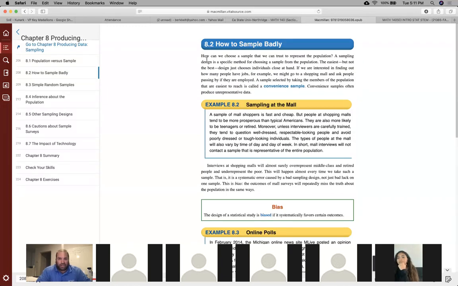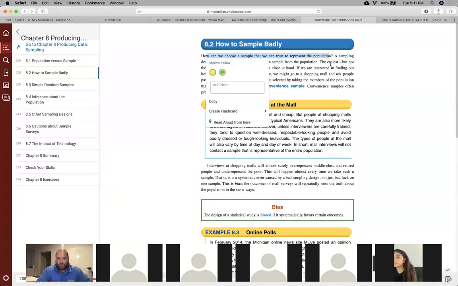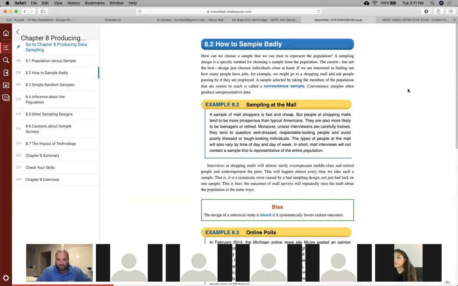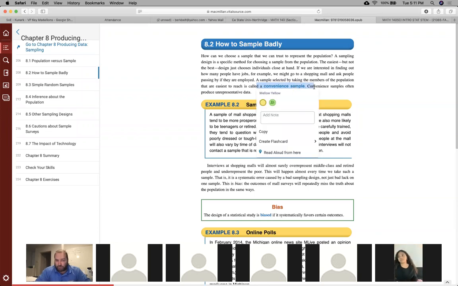How can we choose a sample that we can trust to represent the population? The method is going to be the sampling design, but the question still becomes how you do it. One of the worst possible things you can do is called a convenience sample.